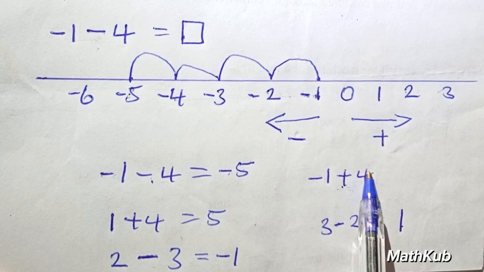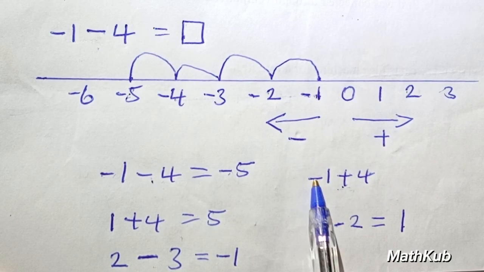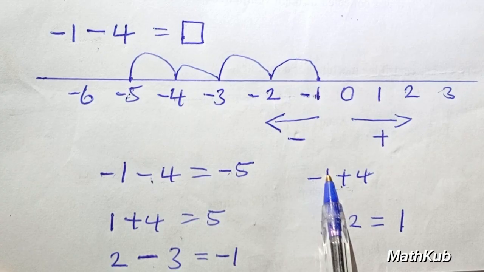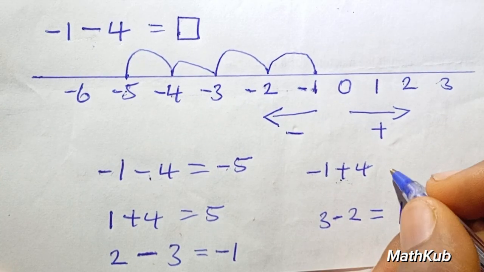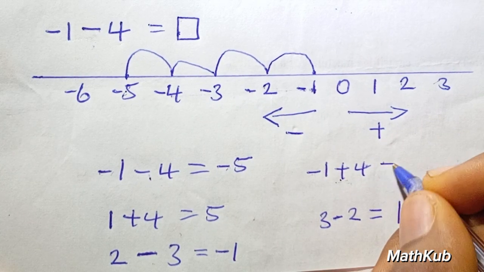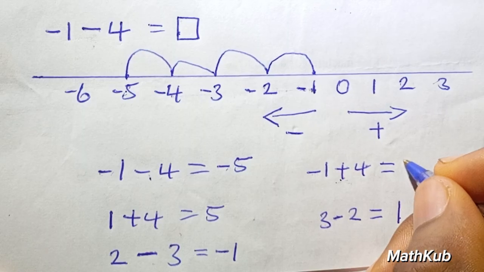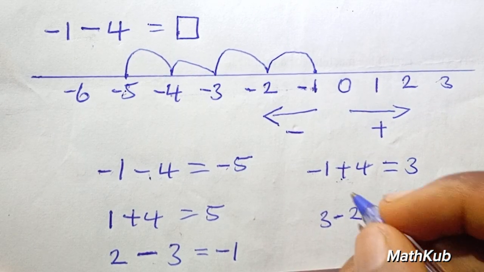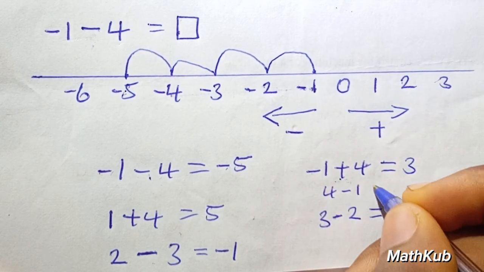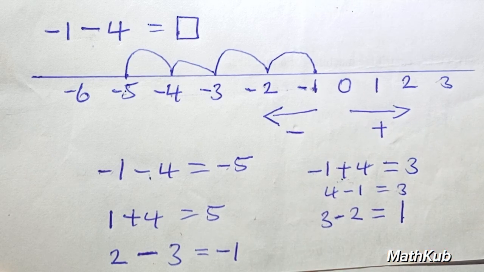Minus 1 plus 4 is the same thing as saying 4 minus 1, right? 4 minus 1 is 3. It's the same thing. So don't be confused when you see minus. Make sure you maintain the sign of the biggest number.